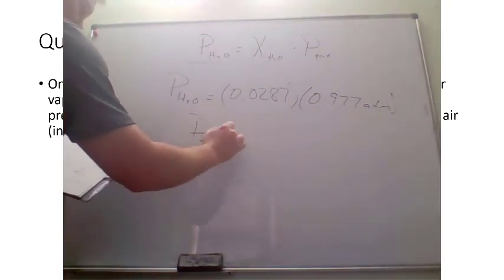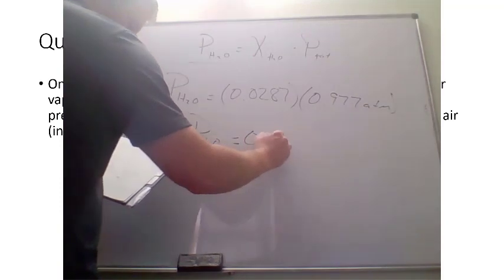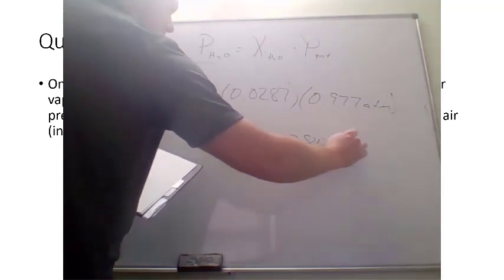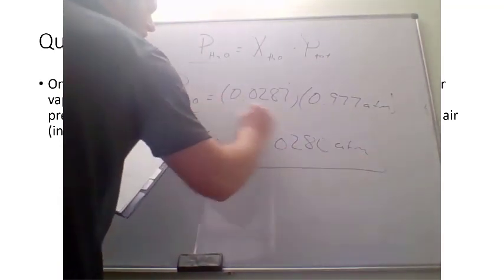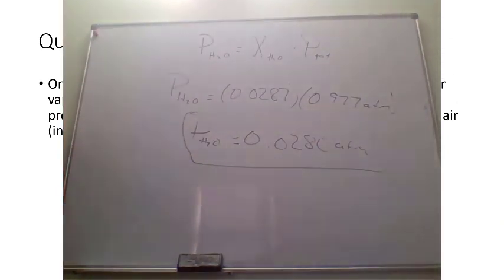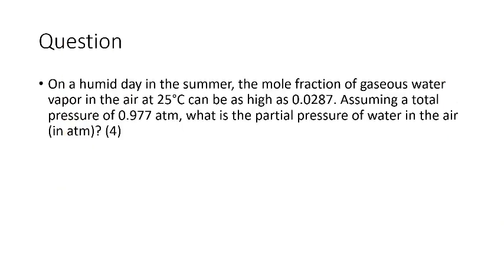And that gives us our final answer equal to 0.0280 atmospheres partial pressure for water. Okay, so you can see it's a pretty straightforward process using mole fraction to convert between our total pressure and partial pressure of an individual gas.